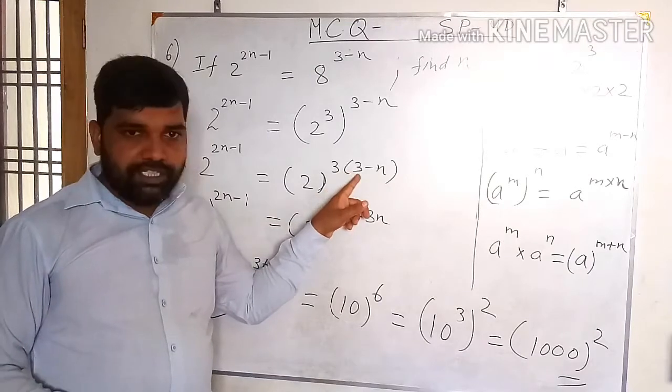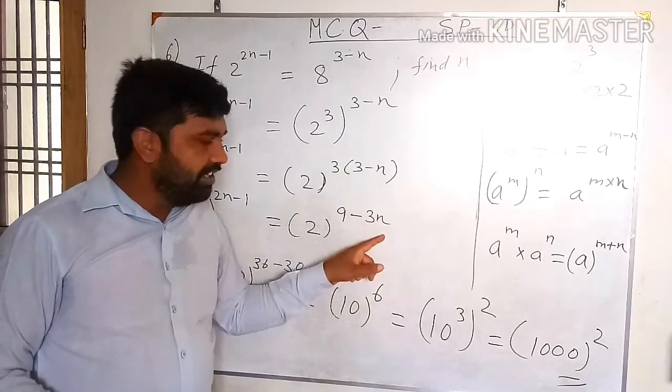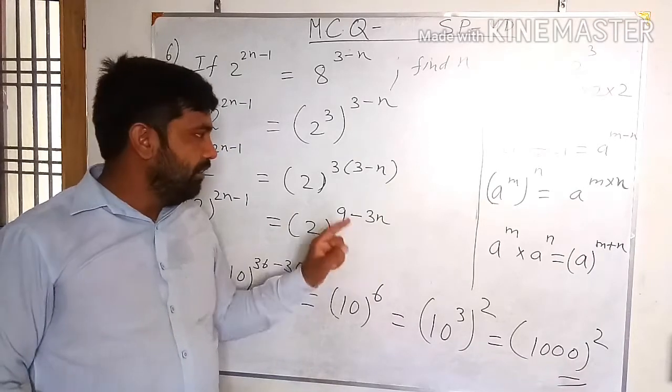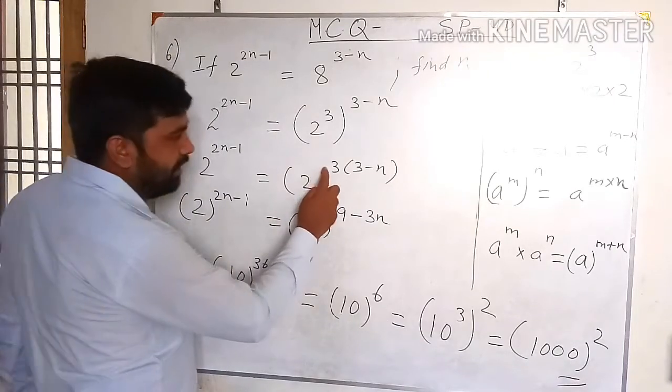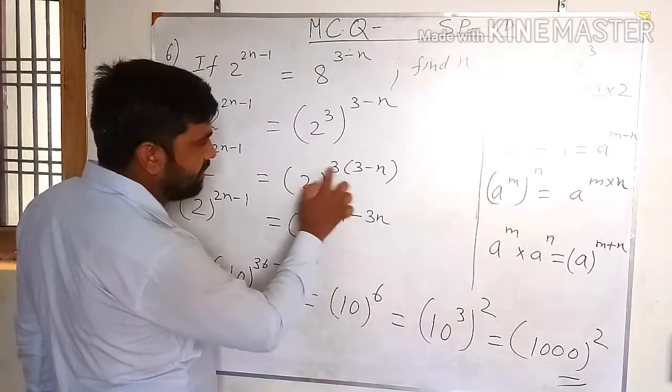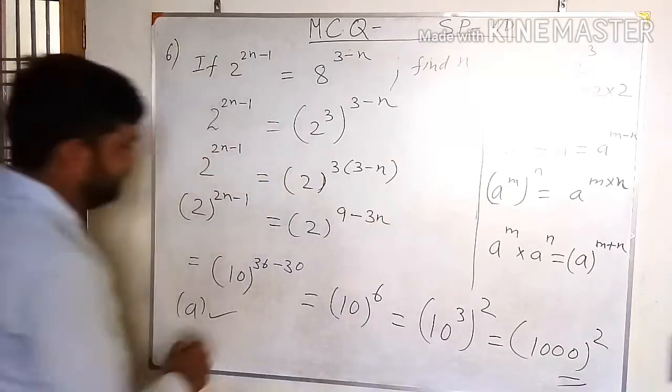So 3 multiplied by 3 gives 9, plus minus minus, 3 into n, 3n. So the value is 9 minus 3n.